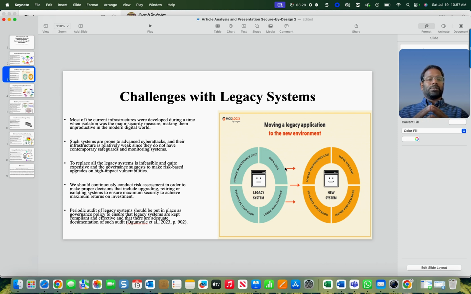What are technical limitations? If an application needs more compute and more resources, it is difficult and challenging to increase those resources. Whereas if you migrate legacy systems to modern ones, like by doing lift and shift, whatever the organization needs, you can lower the maintenance cost and data loss, and efficiency and performance will increase.